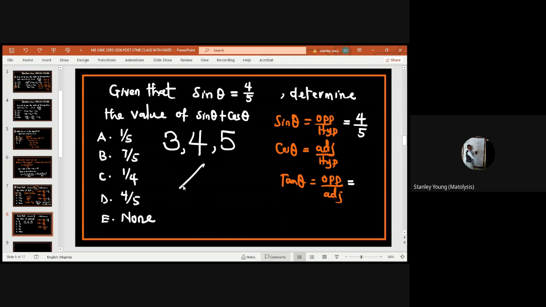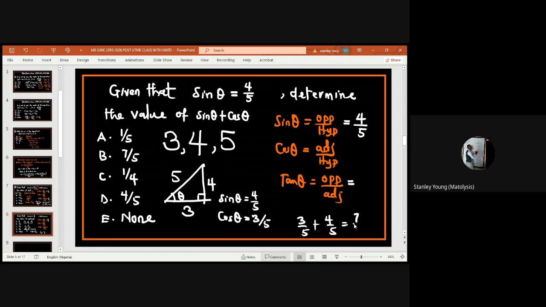So in my triangle, this being theta, opposite is 4, hypotenuse is 5, missing piece is 3, or you use your normal Pythagoras theorem to do it. I have sine theta given as 4/5. I have cos theta, not given but now obtained, as 3/5. Adding 3/5 and 4/5 gives you 7/5. So the answer is 7 divided by 5.